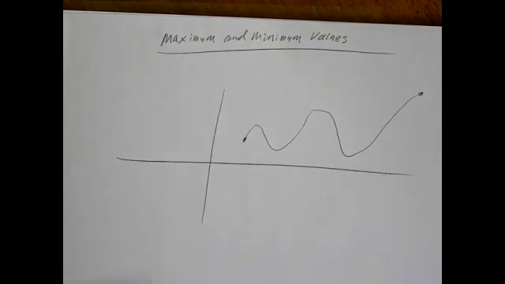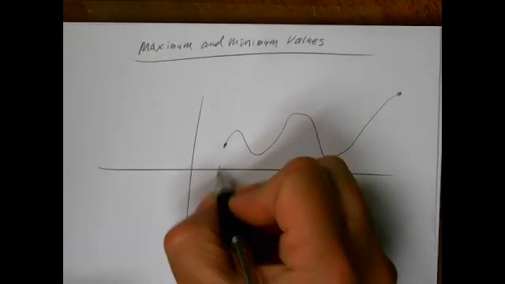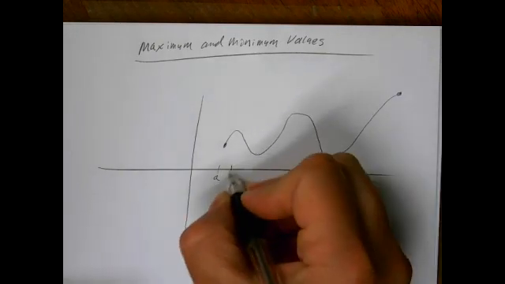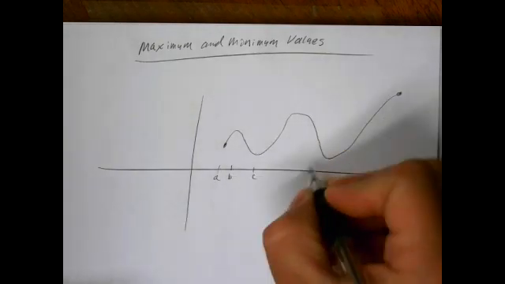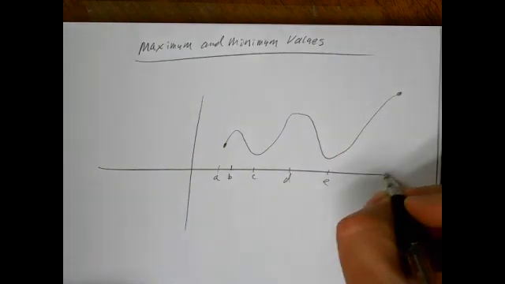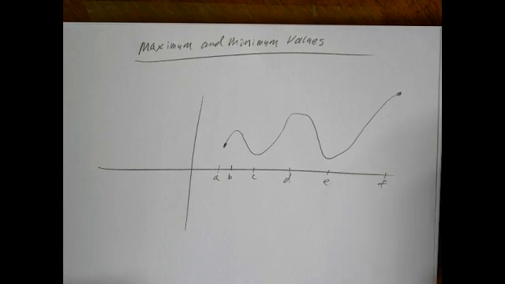All right, this is what our function looks like. We'll call this point the x value corresponding to that A, put a B here, C there, a D here, an E there, and we call that point F. F might not be the best name for an x value, but okay.